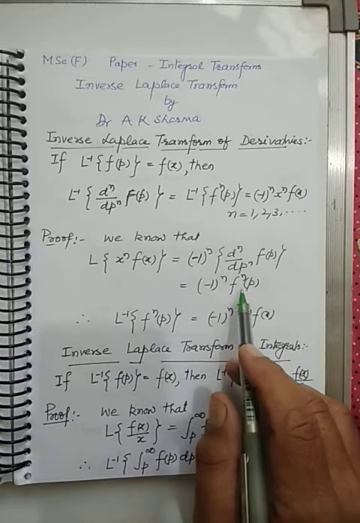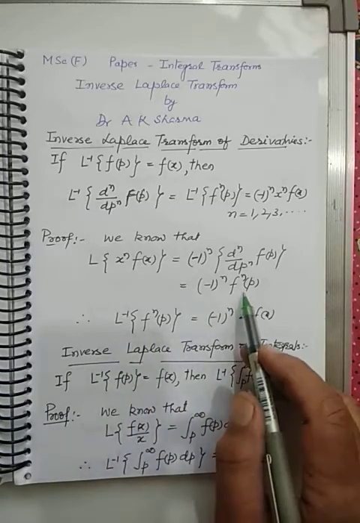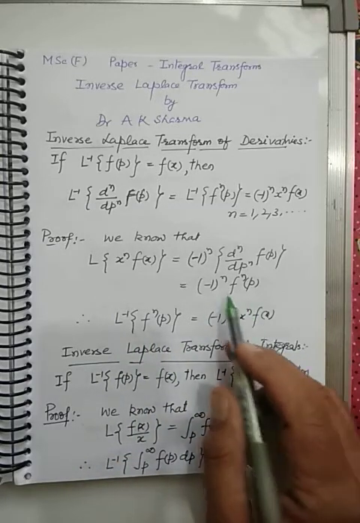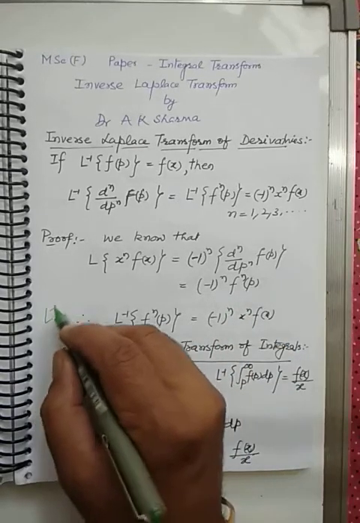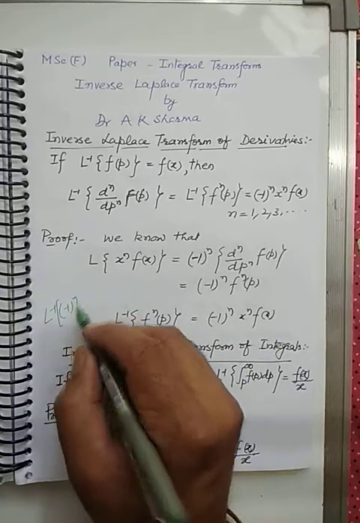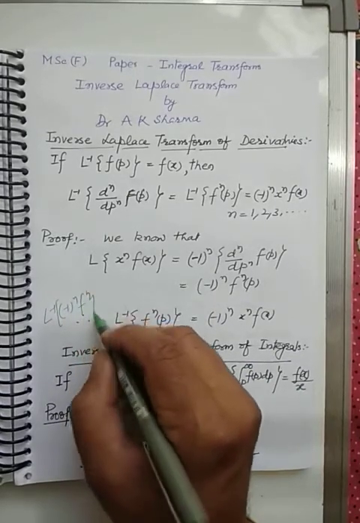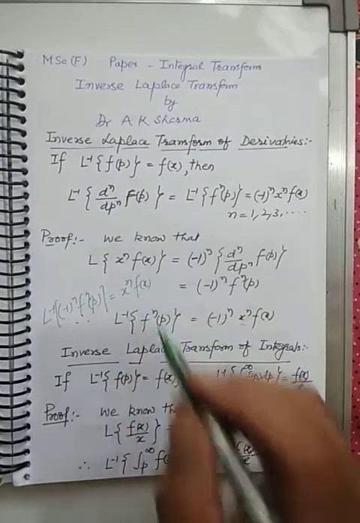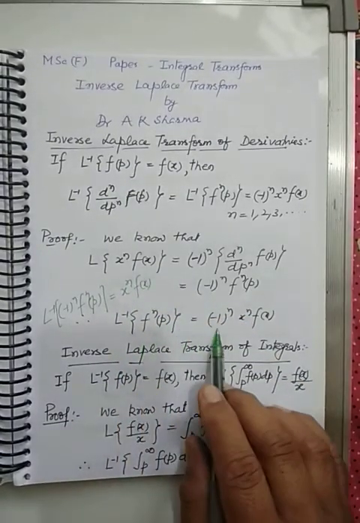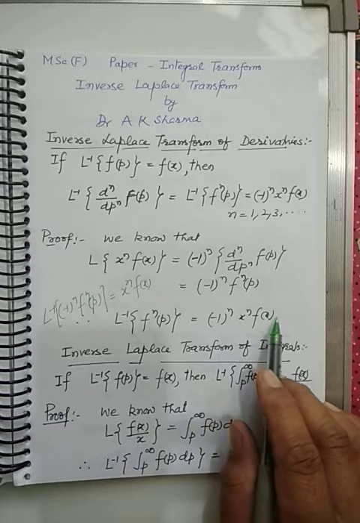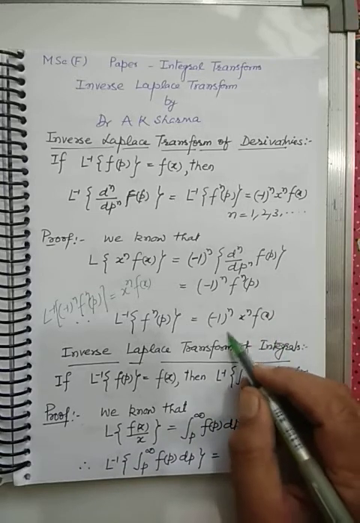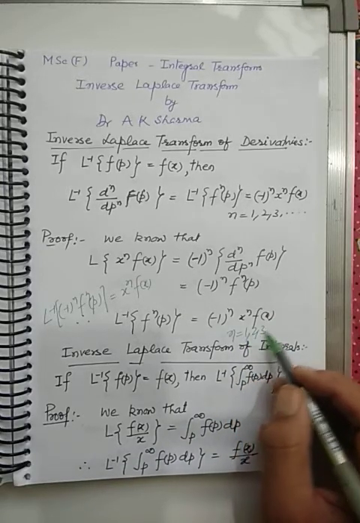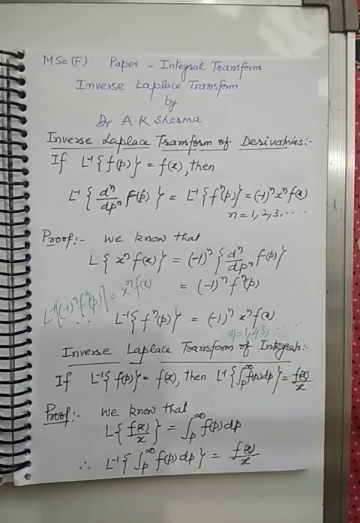Taking inverse Laplace transform both sides, inverse Laplace transform of (-1)^n F^(n)(p) is equal to x^n f(x), or F^(n)(p) is equal to (-1)^n x^n f(x), where n is equal to 1, 2, 3 up to infinity. This is the inverse Laplace transform of derivatives, the nth derivative.